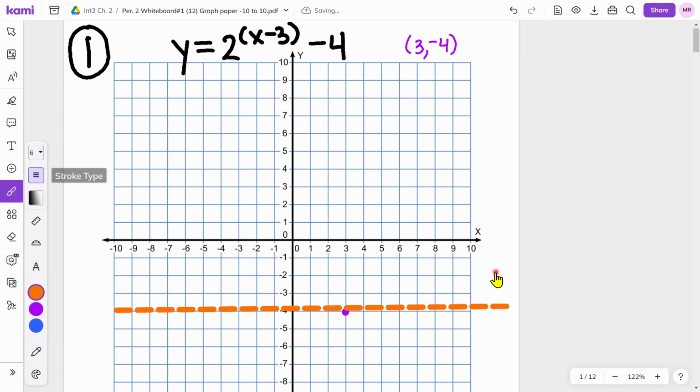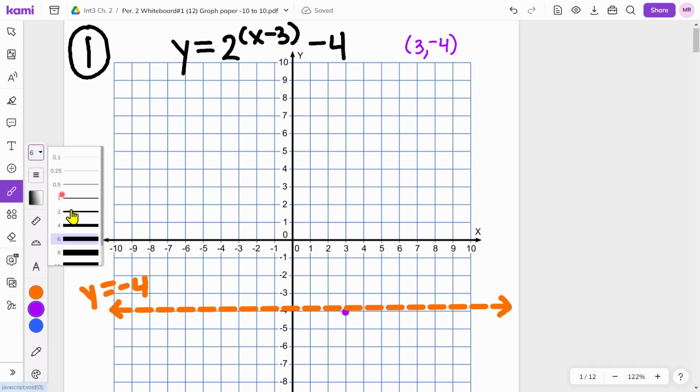Okay, and that horizontal asymptote has the equation y is equal to -4. So that's the spot where the graph gets closer and closer to, but never crosses, never touches.